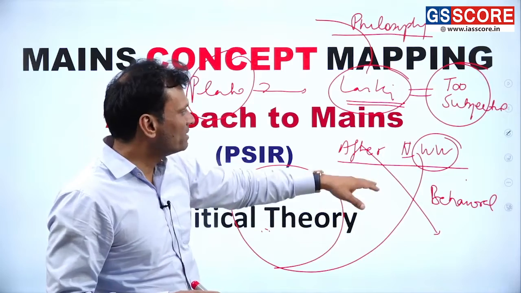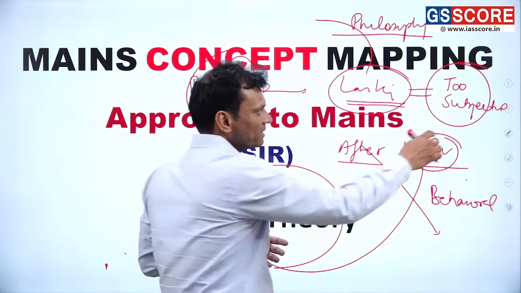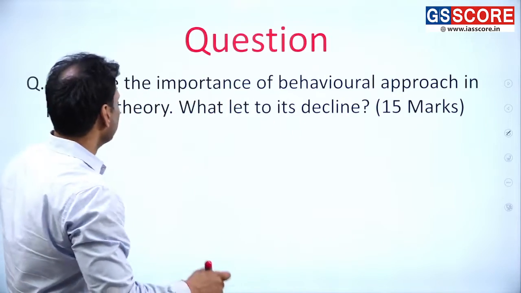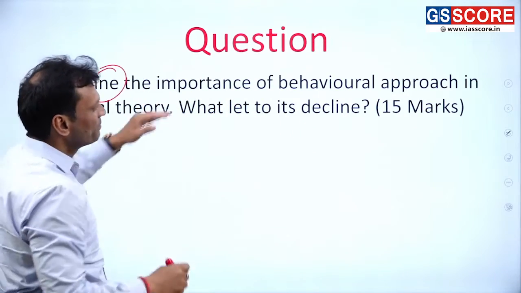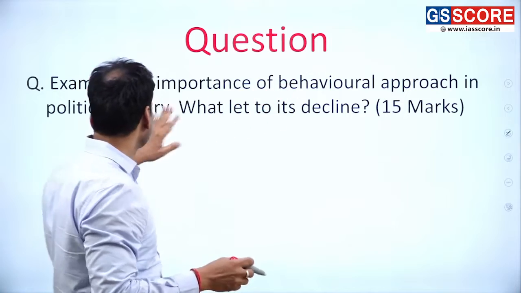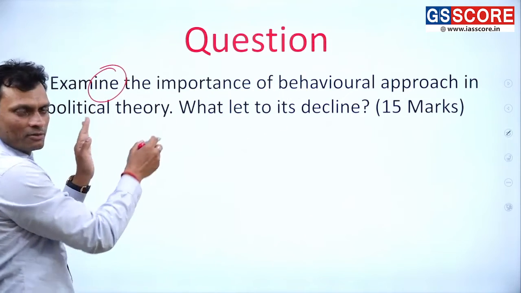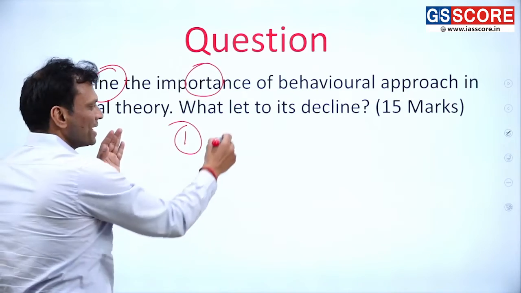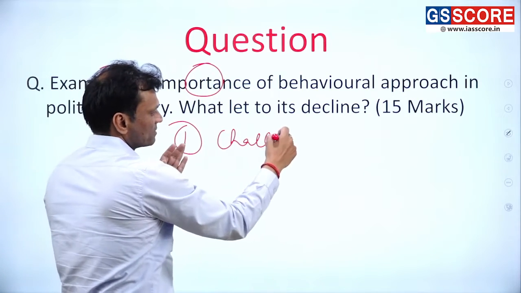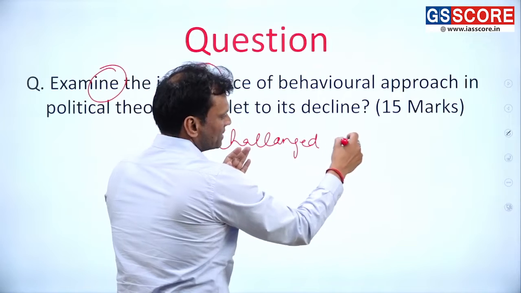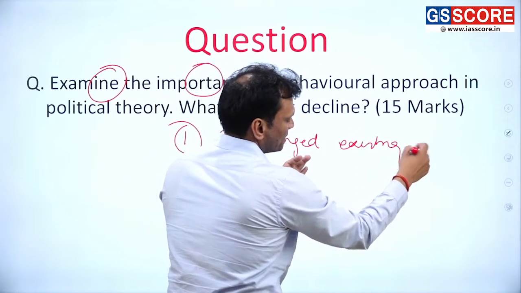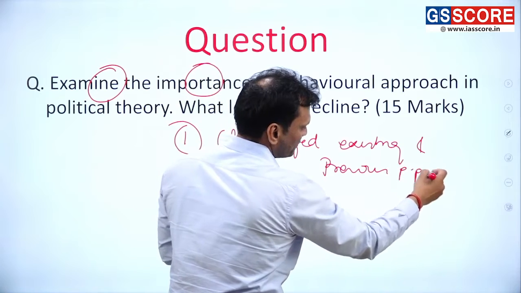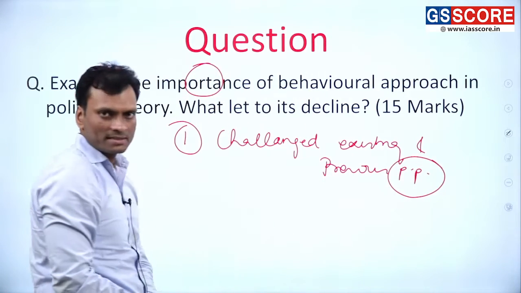And how can you be realistic in making political theory? This is their question. PYQ: examine the importance of the behavioral approach in political theory. What is the importance? The first importance we have seen already. They challenged the existing and previous political philosophy of all the thinkers.